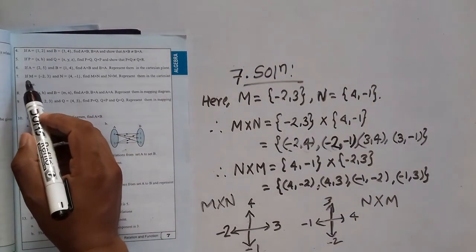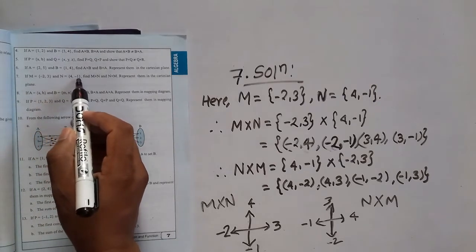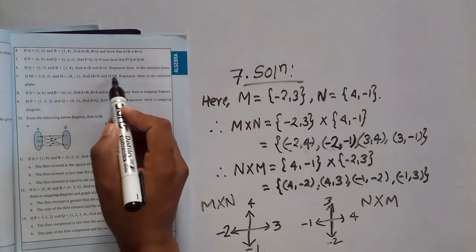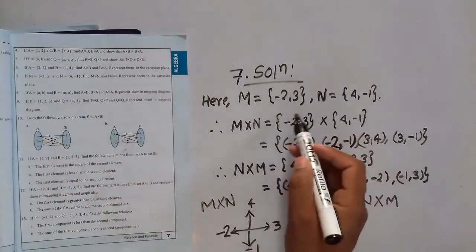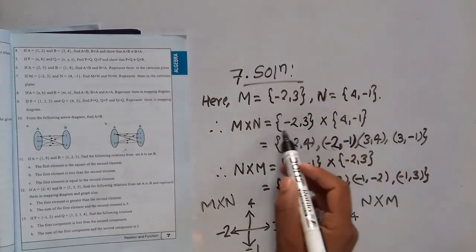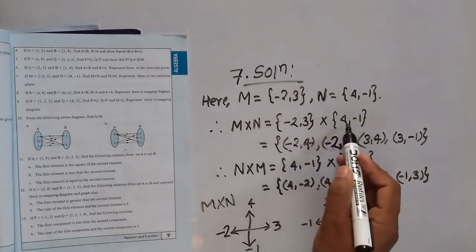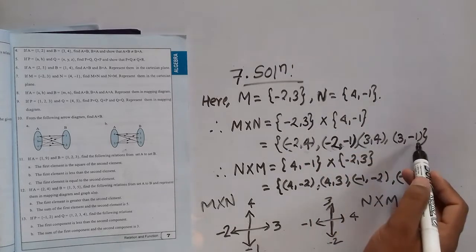Question number 7 is, if M is a set containing elements -2, 3 and N contains 4, -1, find M cross N and N cross M and represent them in the Cartesian plane. There are these two given sets, and for M cross N, first M set, then N set, then the Cartesian product is (-2,4), (-2,-1), (3,4), (3,-1).